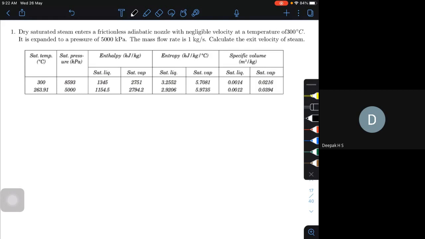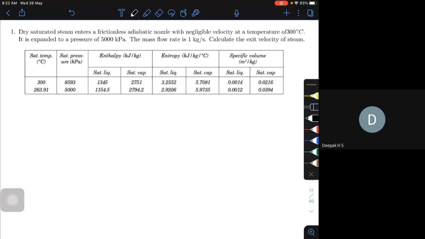Now the second point, they are telling that it is expanded to a pressure of 5000 kilopascals. That means there is a drop in the pressure. So you can go to the pressure tables, or in the temperature tables itself, go to the value of 5000 kilopascals or 5 megapascals, and find out the corresponding saturation temperature, the corresponding enthalpies for liquid and vapor, entropy for liquid and vapor, and specific volume for vapor and liquid.